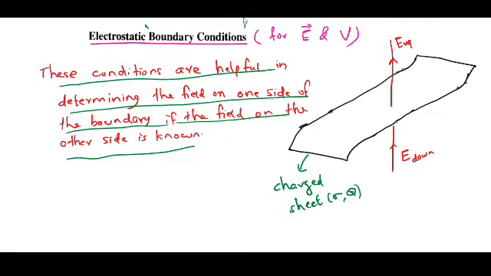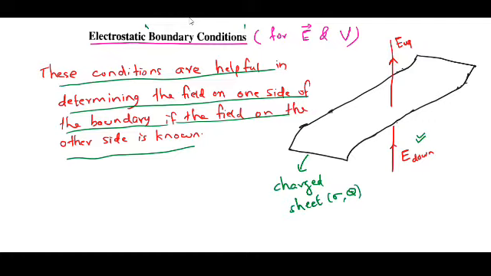Fine. Now we have to see what will be the electric field in the upper region, that is the value of this electric field that we need to find out. We know the value of the electric field in the down region, E down, that is a known factor, and we need to calculate, or we have to predict, what is the value of the electric field after passing through this charged sheet.